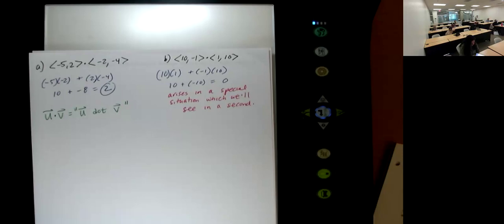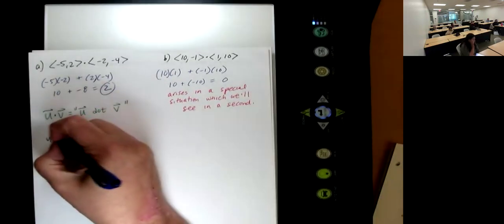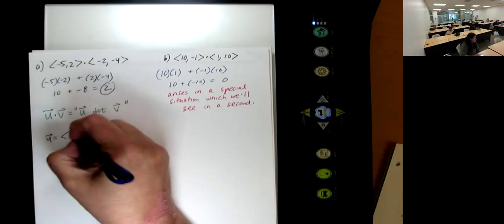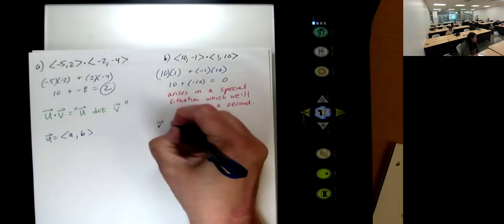Three-dimensional, in fact, we'll do three-dimensional right now. It will actually help if I do the first part in 2 dimensions, then we'll switch to 3 dimensions. Let's look at how this comes about. We had u was a, b, v was c, d.